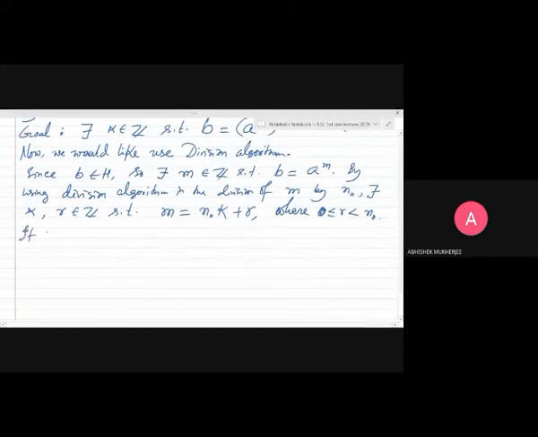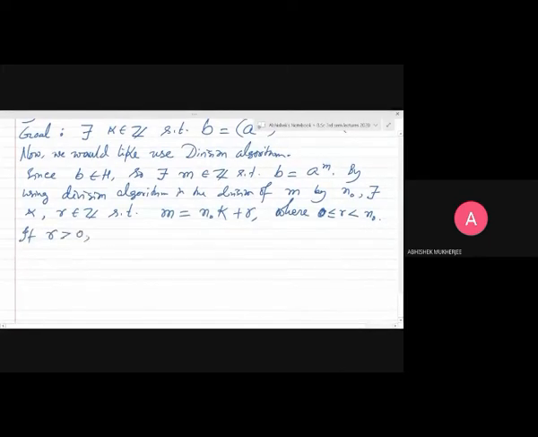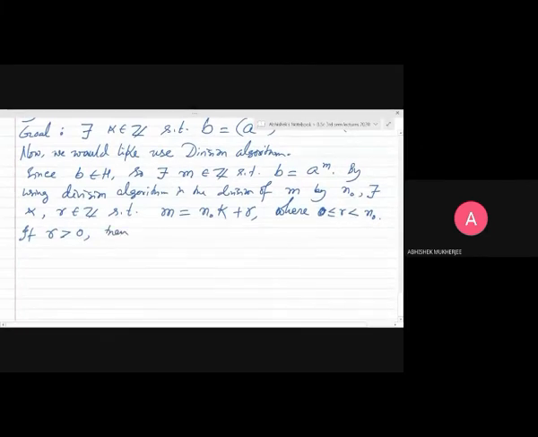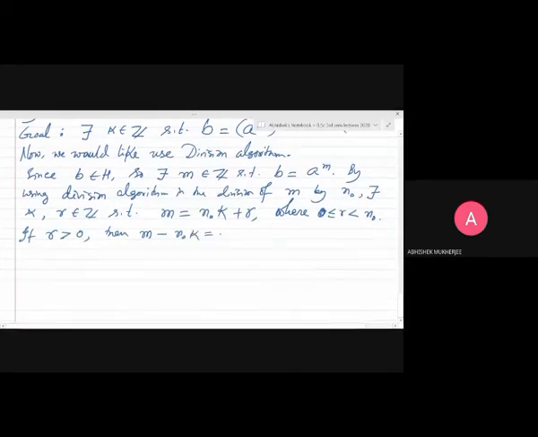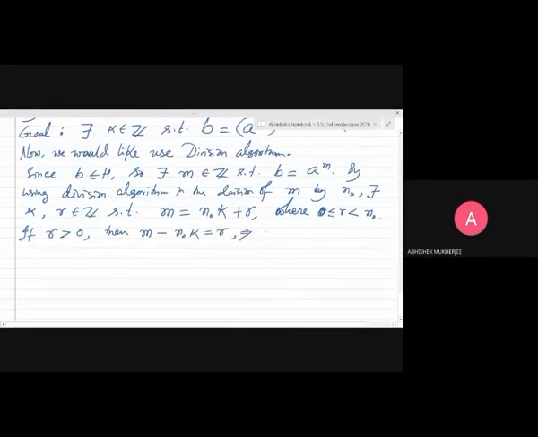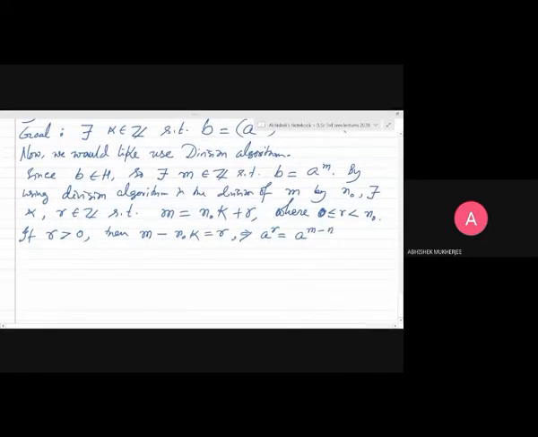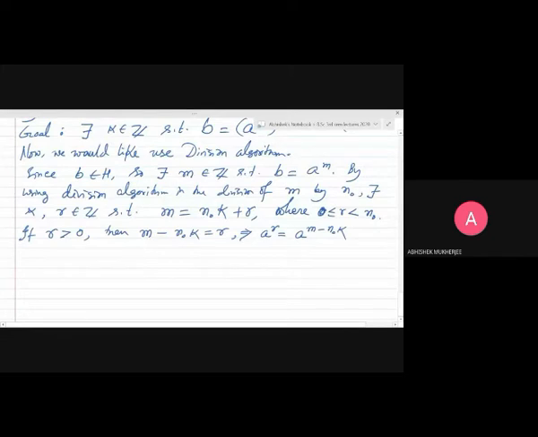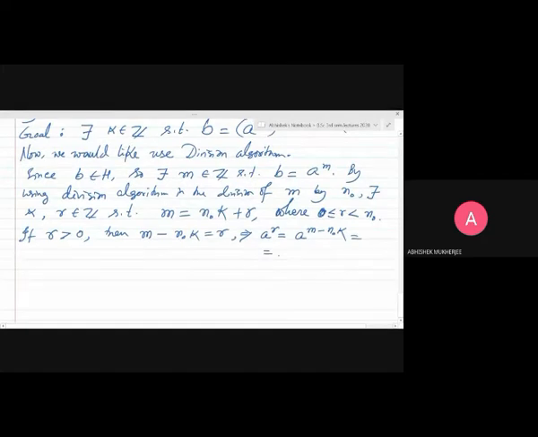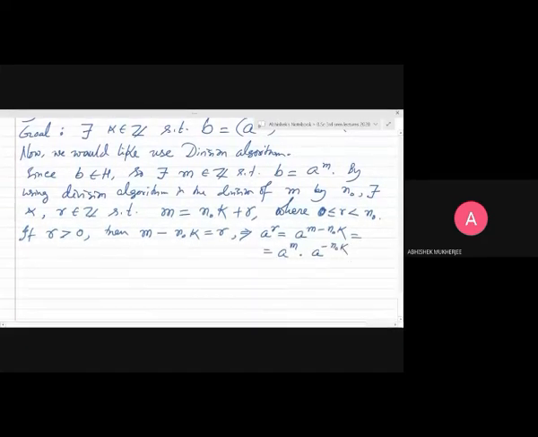Now, if r is strictly greater than 0, then m minus n naught k equals r implies a to the power r equals a to the power m minus n naught k. Okay. That means you can write it as a to the power m dot a to the power minus n naught k.